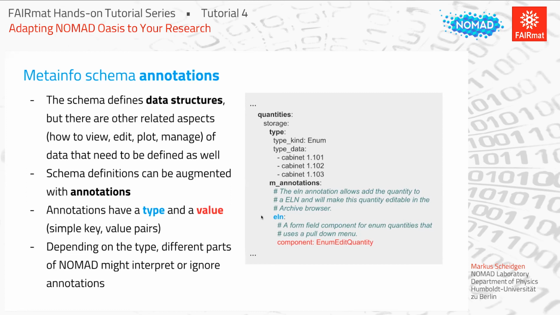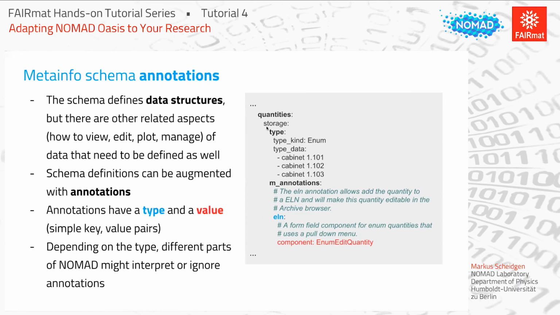So we basically allow people to put annotations into the schema, and then various elements of the NOMAD software are picking up on these annotations depending on what they are and what they want to do. So for example, we have an annotation about ELNs, which gives our user interface information on what form field to use when people are supposed to edit this.